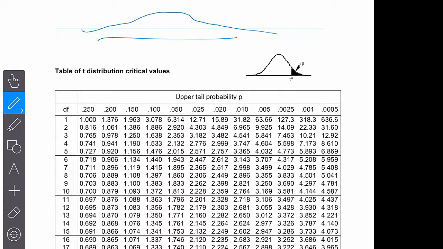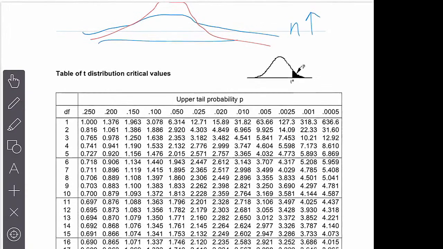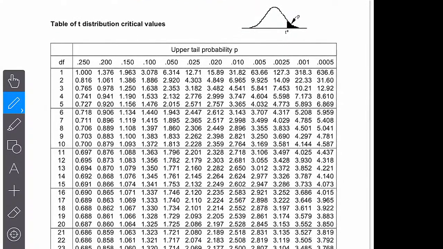Now as you have a larger and larger sample size, this ends up becoming more normal-like. Going more like that. Okay? So it becomes more normal. And you see that as the sample size goes up, where degrees of freedom are n minus 1.